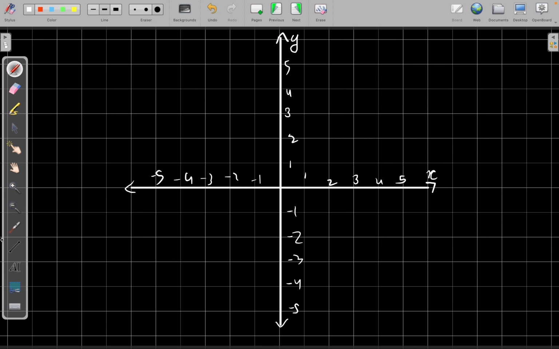Again, we draw the same line right through the middle, and the origin.